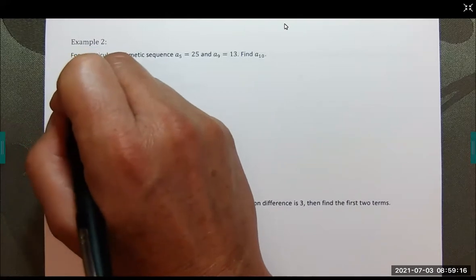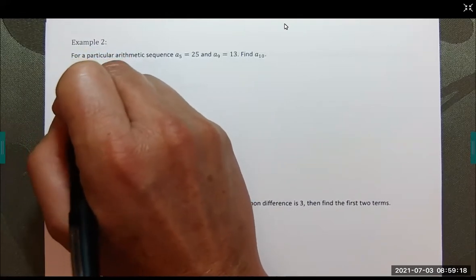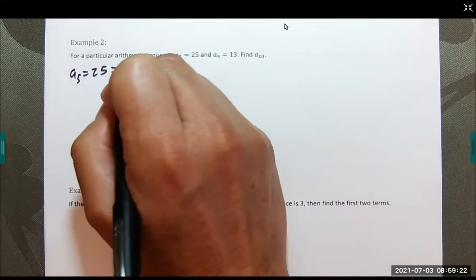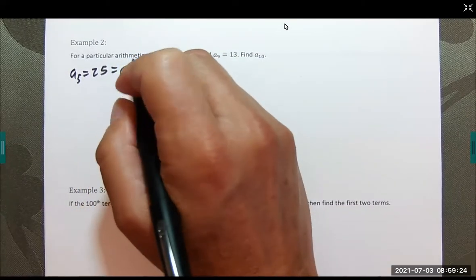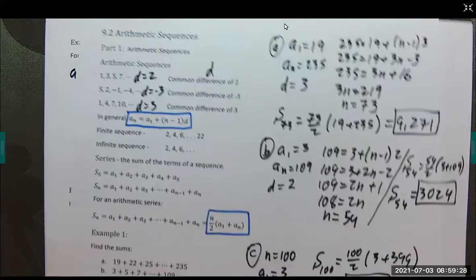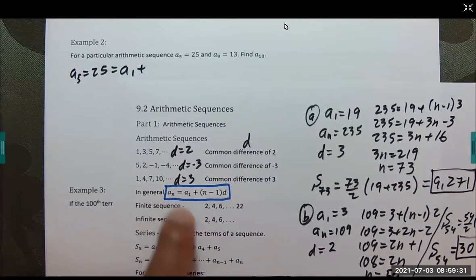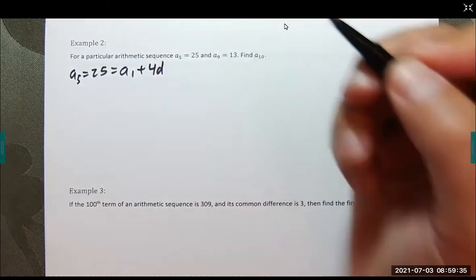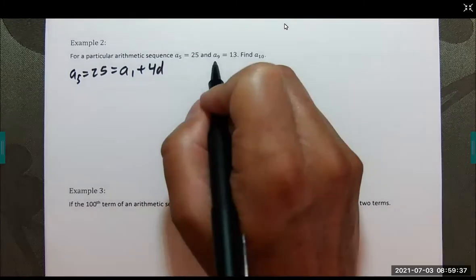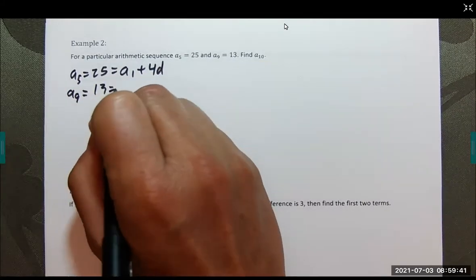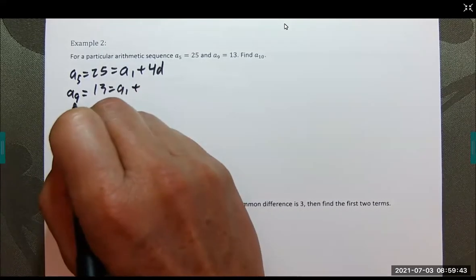So a sub 5 is 25, which is a sub 1, which we don't know, plus now n minus 1 in the formula. N minus 1 is going to be 1 less than that subscript, which is 5. That's going to be 4d. We also know a sub 9, which is 13, is going to be a sub 1 plus, now 1 less than 9 is going to be 8d.